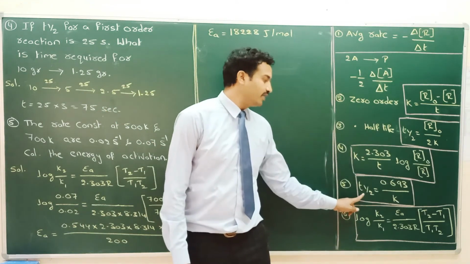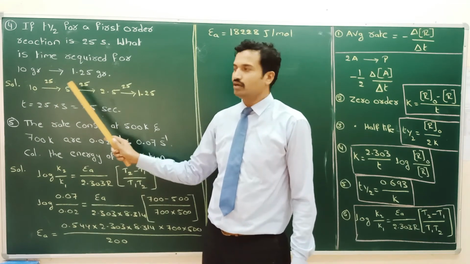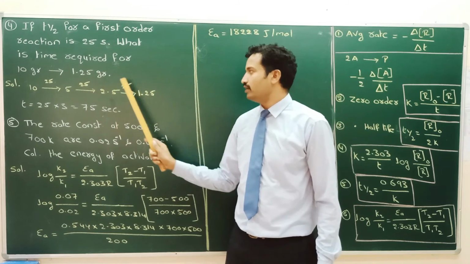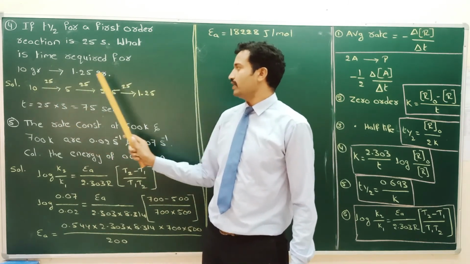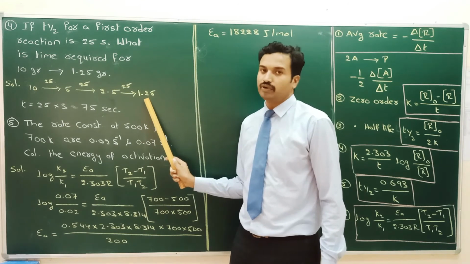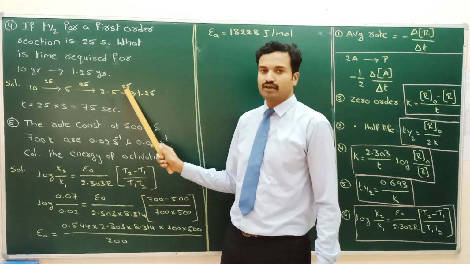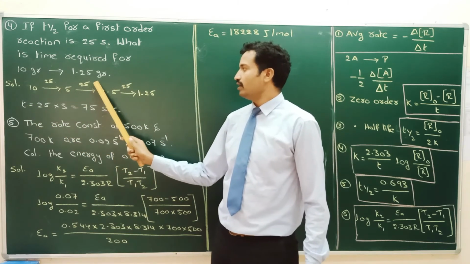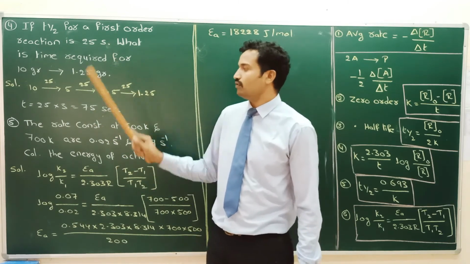Why? Half-life is constant. So here also the half-life is 25 seconds. Now 2.5 grams is converted into 1.25 grams. So 10 grams finally converts into 1.25 grams. Here first half-life, second half-life, third half-life. So the total time is 25 into 3, that is 75 seconds. This is for the fourth numerical.